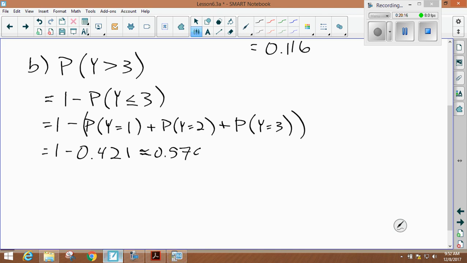Okay, but what I'm really more interested in is the probability that you can get it on less than 3 tries, right? So, probability that Y is less than or equal to 3. But that's the part that we calculated already, right?